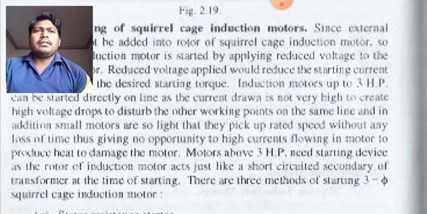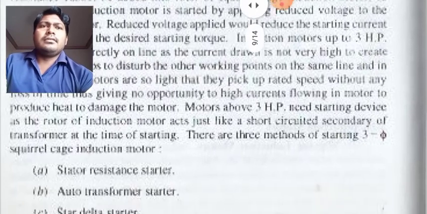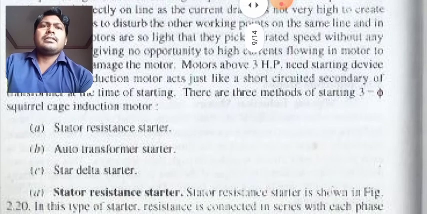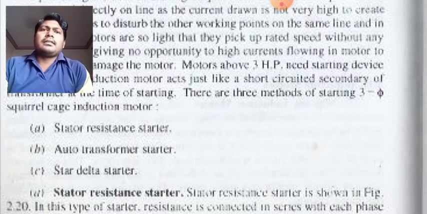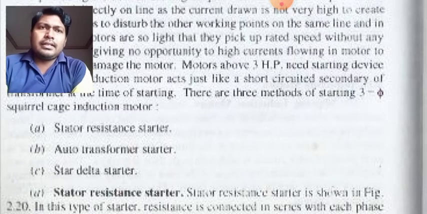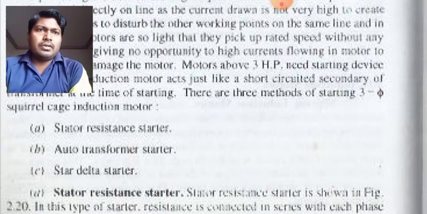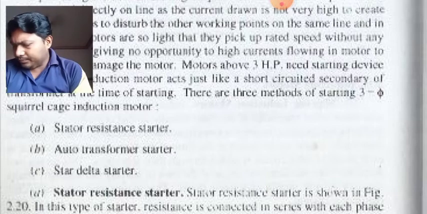There are three methods: stator resistance starter, auto transformer starter, and star delta starter.